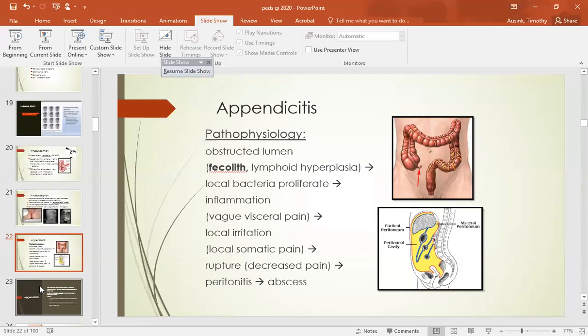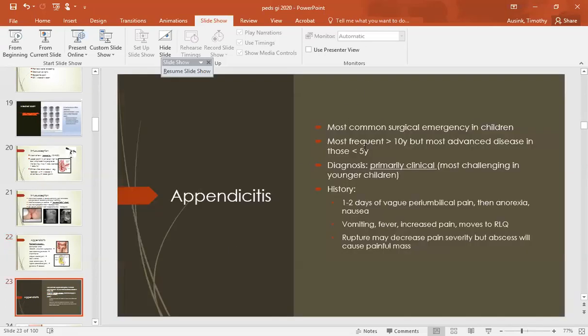It is. Okay. So most frequently these children are going to be around 10 or older, but most advanced in those less than 5 years old. So they kind of run the gamut of presentations here. Primarily, it's a clinical diagnosis. So this person is sick as stink.